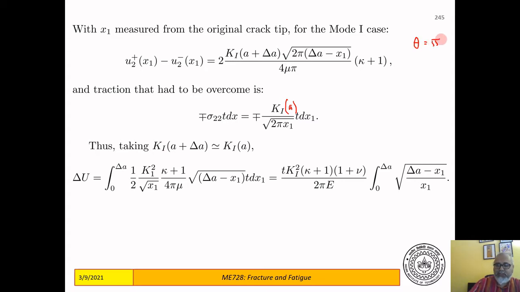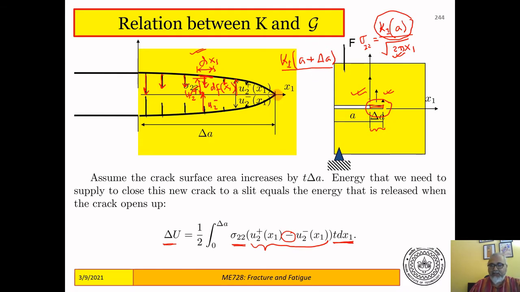So for the extended crack, this is your r direction, and this is your theta. At theta equal to pi, for a K1 given by a plus delta a, you have an opening that is now given by an r which is this.